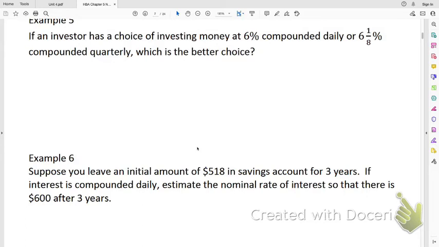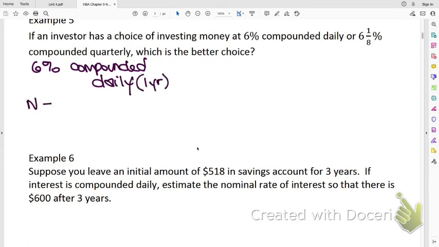So in example 1, we're going to do 6% compounded daily. Let's set that up. If it's 6% compounded daily for 1 year, what's my N going to be? 365. What's my I going to be? 6.